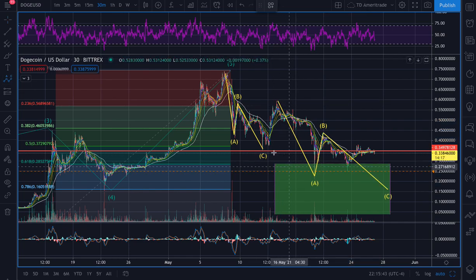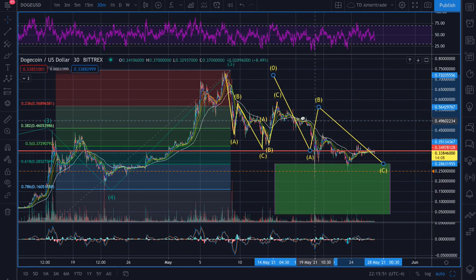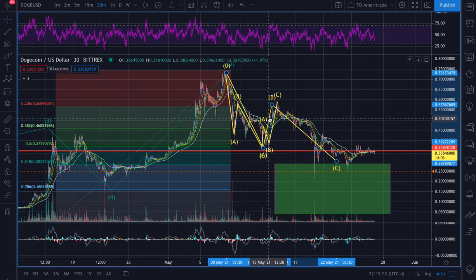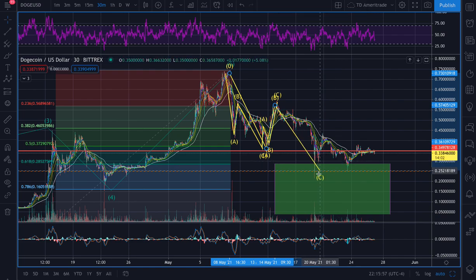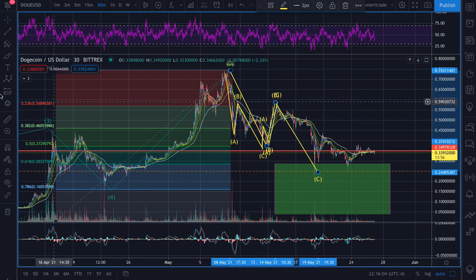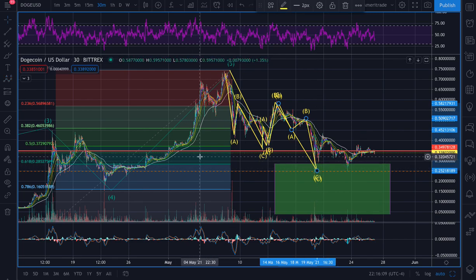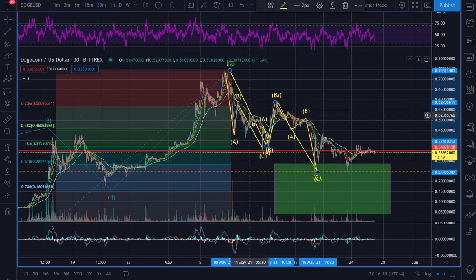That's a possibility as well. But why would this be so much bigger than that first wave? I don't think so. Just look at the size of this wave. So this looks about right.